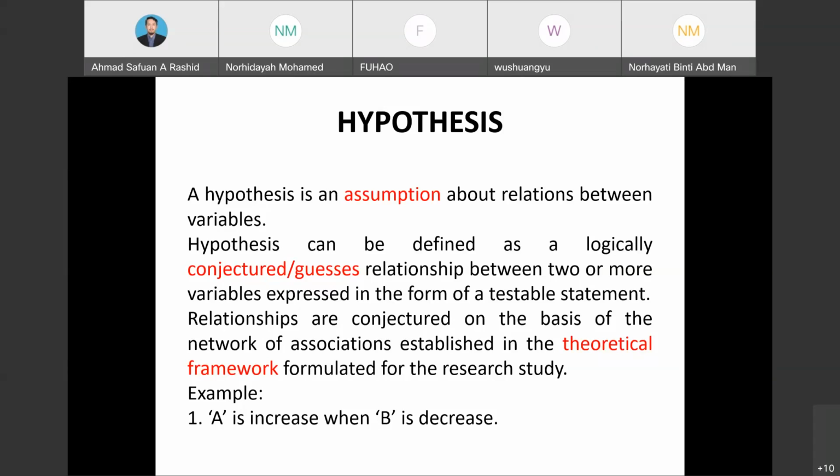A is increased when B is decreased, so B is independent and A is dependent. So that is the hypothesis. Or A is increased when B is increased. There can be another way. Definitely there should be a minimum of two variables or parameters.